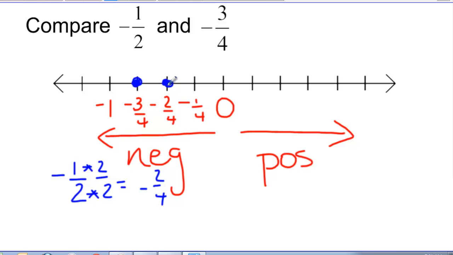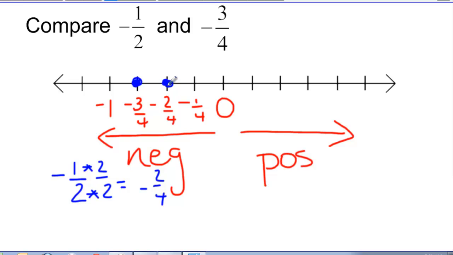And now I can see that -3/4 is actually going to be smaller than -1/2 because it's further away from 0. It's to the left of -1/2 on the number line. And so both of those things tell me that -3/4 is smaller than -1/2, which isn't true if I'm talking about positive numbers. Negative numbers kind of work in the reverse of positive numbers when I'm thinking about comparing them.